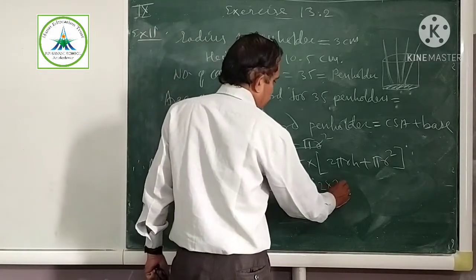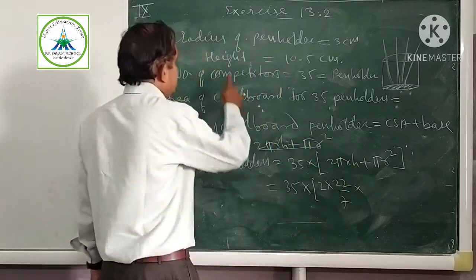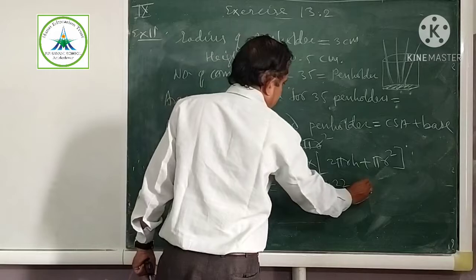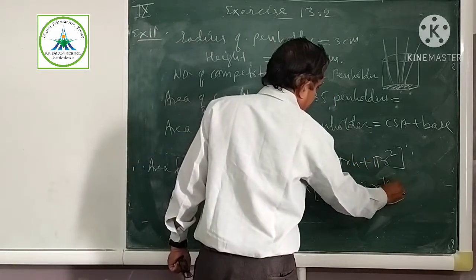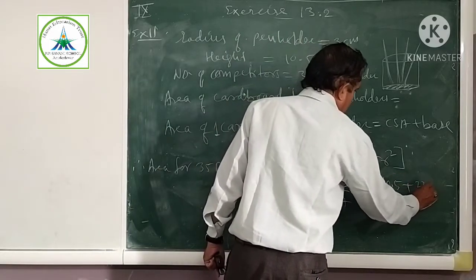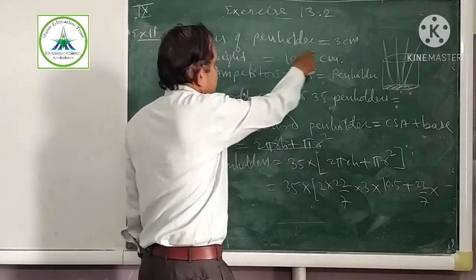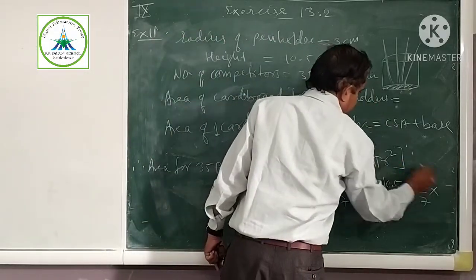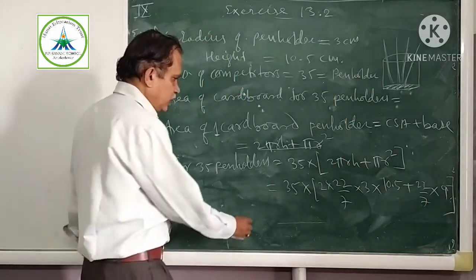Then take 22 upon 7. r, what is the radius? 3. What is h? 10.5. Plus pi, 22 upon 7. What is radius? Radius is 3. 3 square means 9.